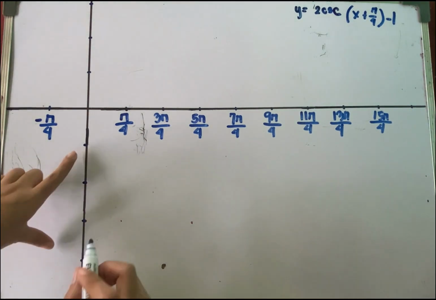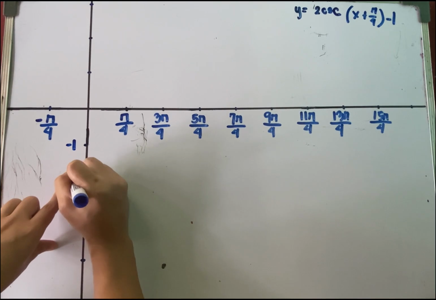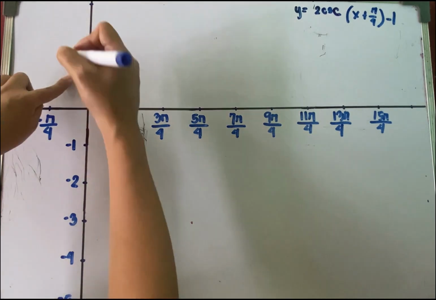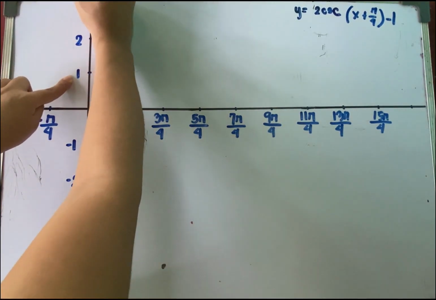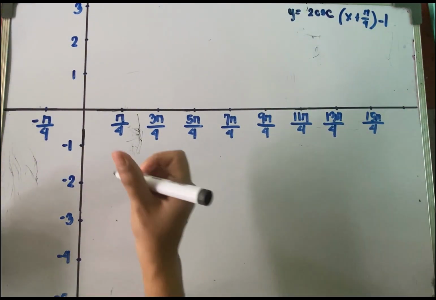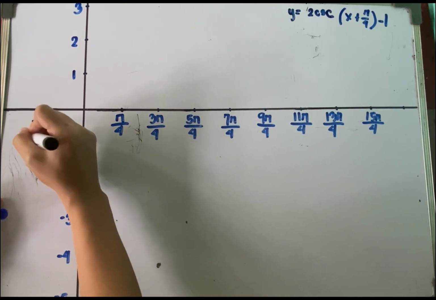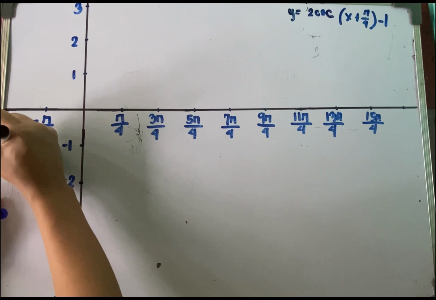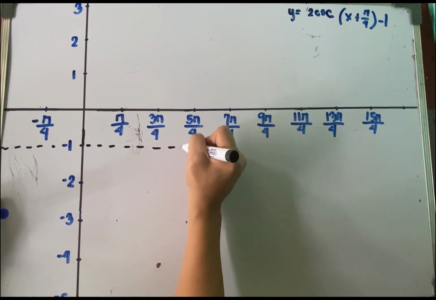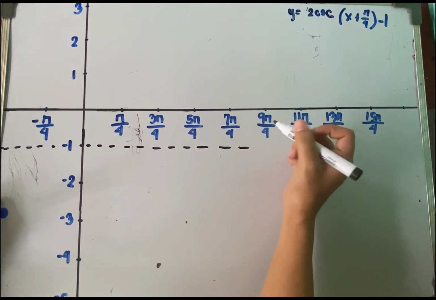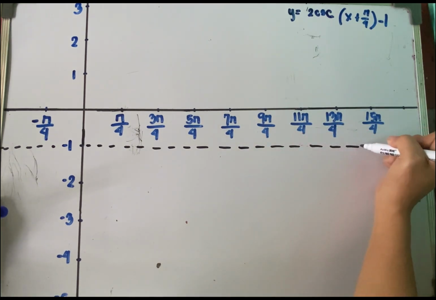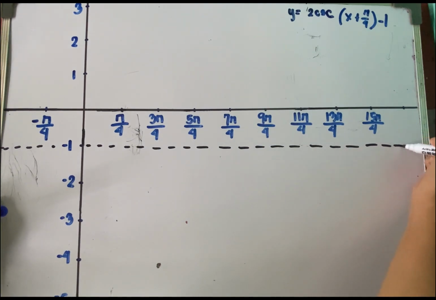You have to put our -1 for our y, -2, -3, -4, -5, then 1, 2, 3. And since it has -1, we have to move downward, so it becomes our new origin at -1. So we're going to start here instead of the 0, so draw the broken line as our sine guide to start here instead of the 0.